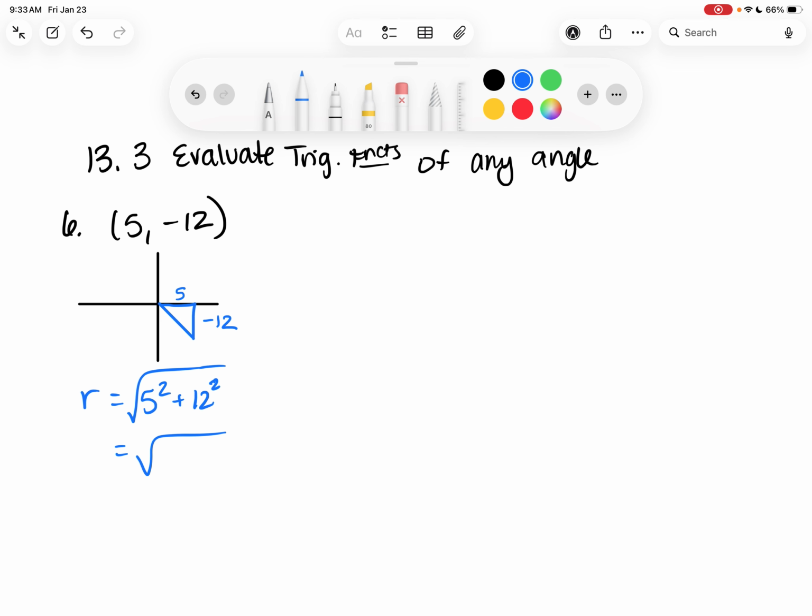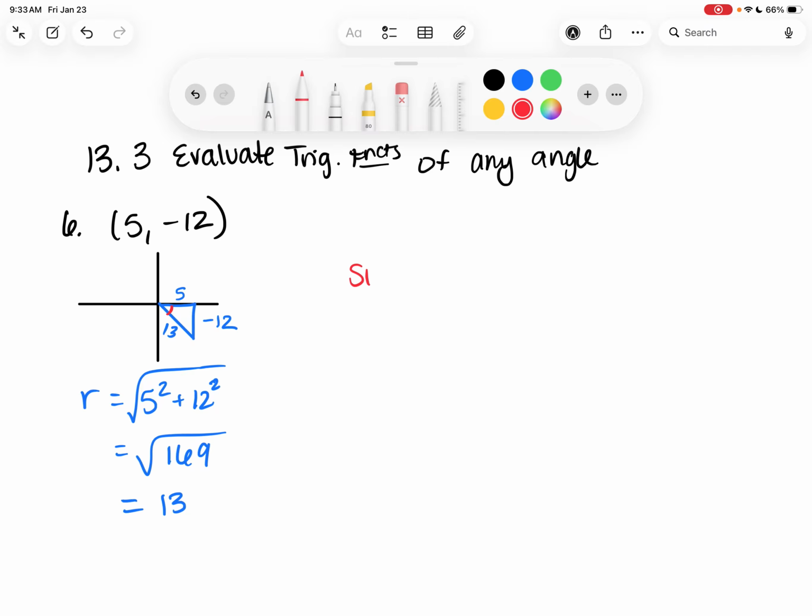So it's the square root of 25 plus 144, which is 169, which is 13. The hypotenuse value can never, ever, ever be negative. Okay, but your x and y value can be. The angle that I'm using is this angle that's touching the x-axis here and the origin. Okay, the one that's at the origin.